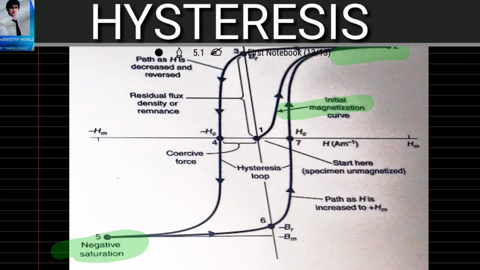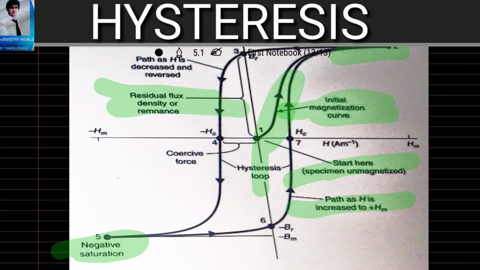This is the initial magnetization curve. We start here from the unmagnetized state, and as H increases to positive, B rises. Here it is the flux density that remains.